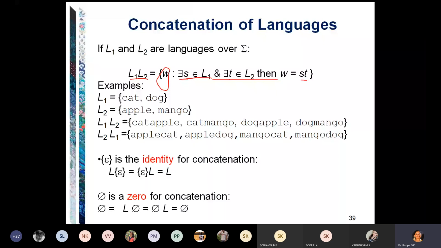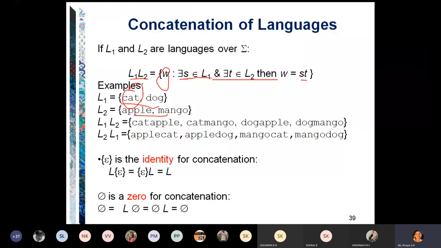L1 is given by cat and dog. Instead of taking A, B, etc., we will take animal names, cat and dog. Here L2 is fruit names, apple and mango. So concatenation of L1, L2 is given by first considering the first element of L1, that is cat.